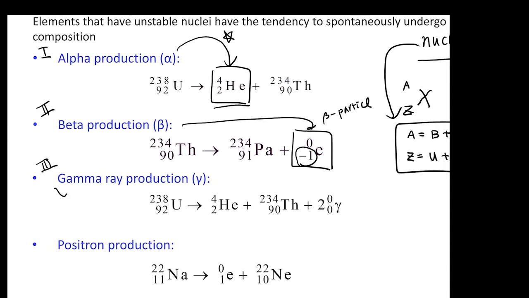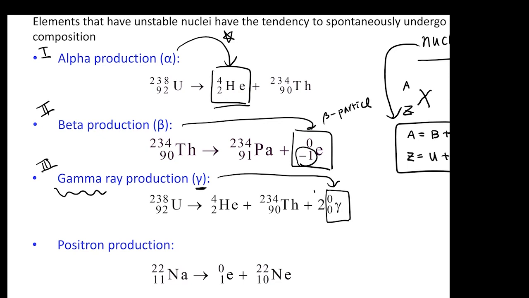Every time you see gamma ray production, you are going to produce gamma radiation, which is this symbol gamma. But that gamma doesn't contain any protons, and it doesn't contain any mass. A very weird particle.